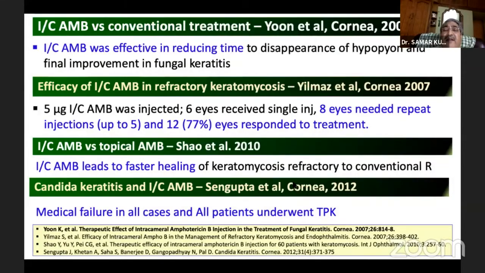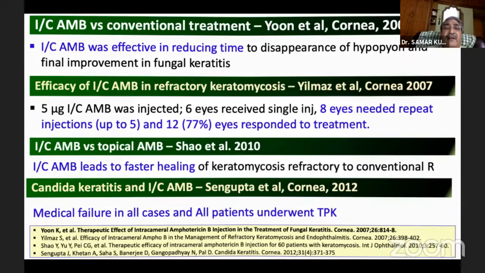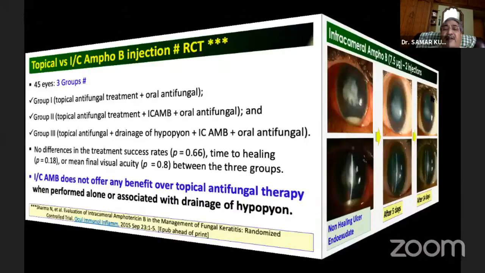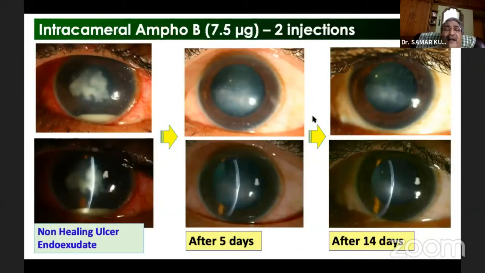But there are conflicting reports about these antifungal intrastromal or intracameral injections. In the RCT trial by Namrata et al., they have shown that intracameral is not very effective, with or without drainage of hypopyon. But we had done some cases initially, and some of them had a good response.